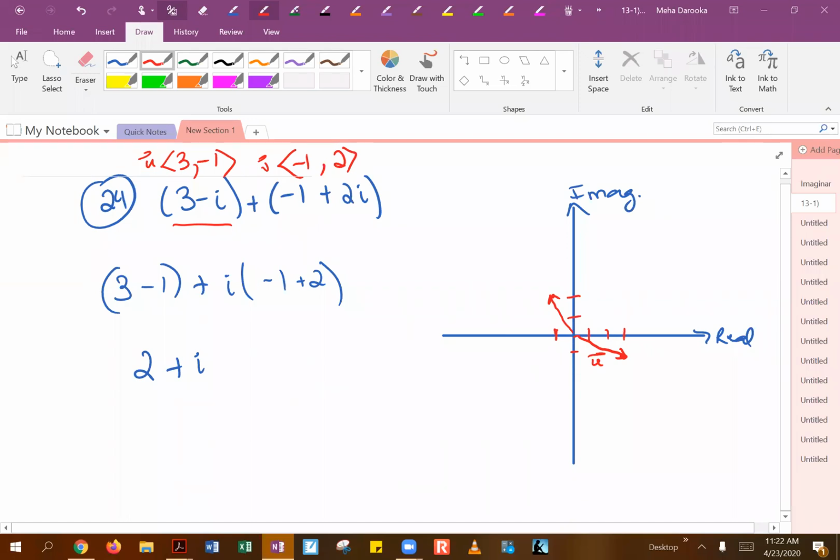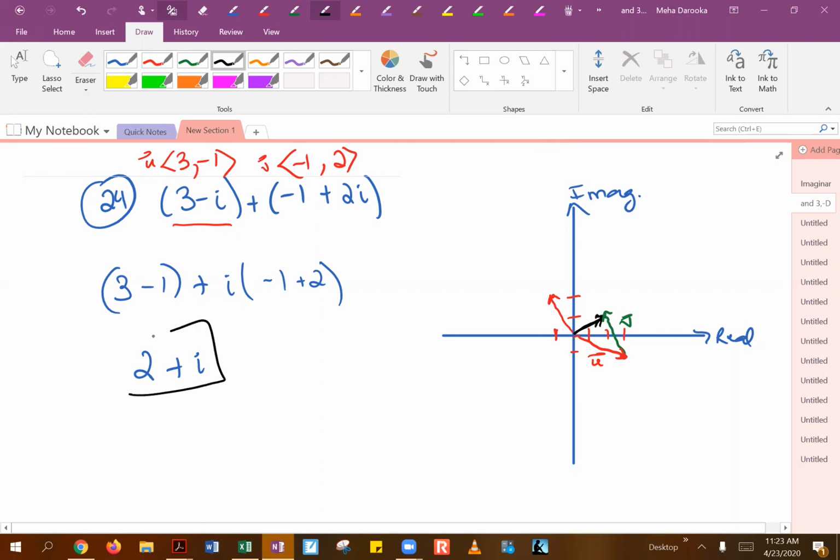From this tip, we would need to go left 1 and up 2, which would place it right over here. Something like this. And then of course you are talking about this distance here as the sum.